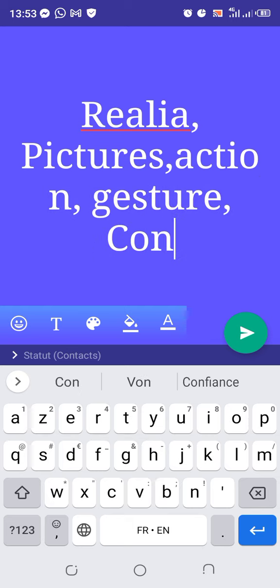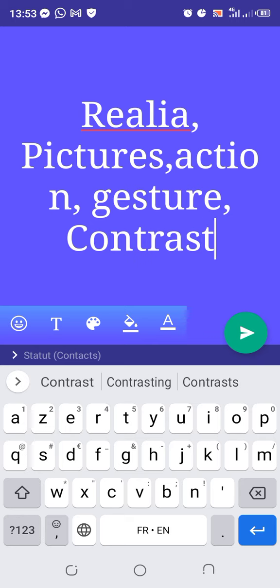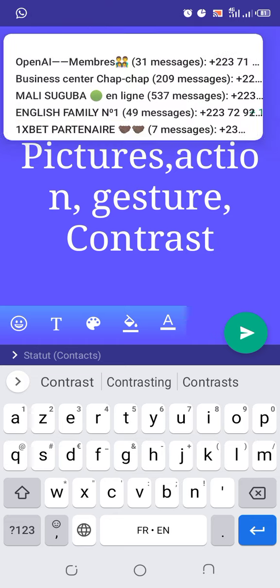Contrast. Let me write it. In this concept, the teacher can present the meaning of empty by contrasting it with full. Or for instance, big. You can explain big by contrasting it with small.